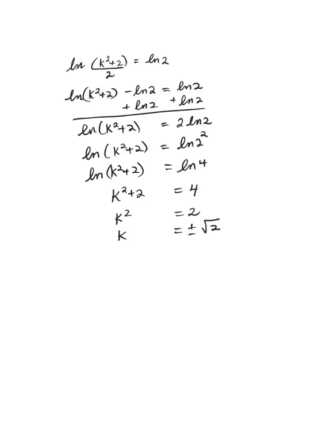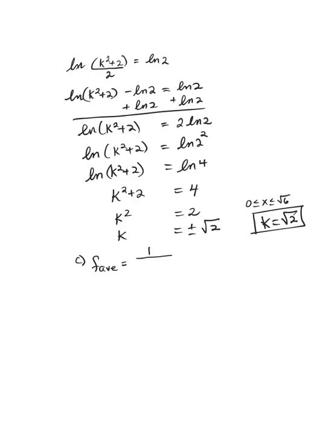But since k has to be in this interval, we accept k to equal the square root of 2. And that would solve part B. Now part C says, find the average value of this function on that interval.